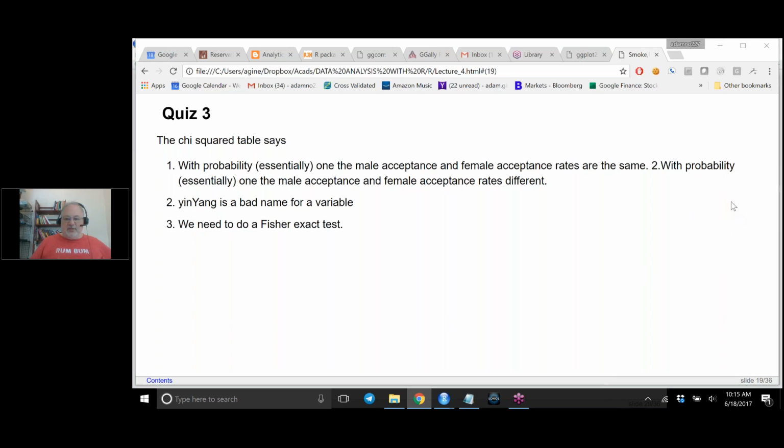So your 3 choices, and I'm going to wait and give you some time. I do want to see what your answers are. It says with probability 1, the male acceptance and female acceptance rates are the same. Yinyang is a bad name for a variable. And 3, we don't know, we need to do a Fisher exact test. Okay, we have 1 who says we need to do a Fisher's exact test.